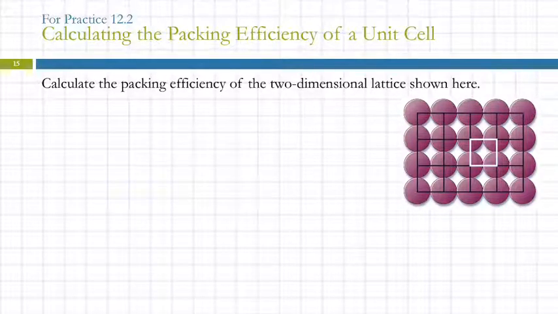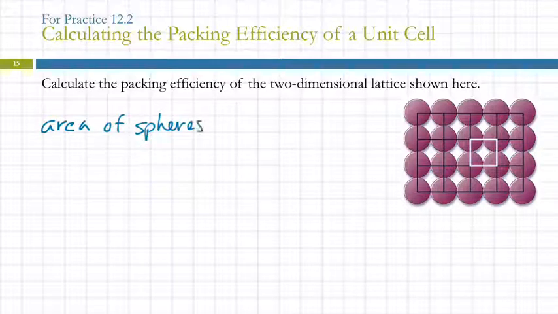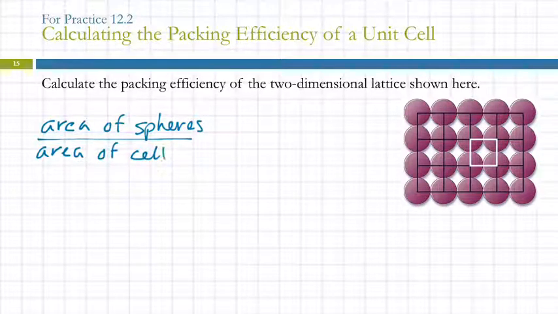So this is 2-dimensional, so we're talking areas instead of volumes. So it's the area of the spheres divided by the area of the cell times 100.